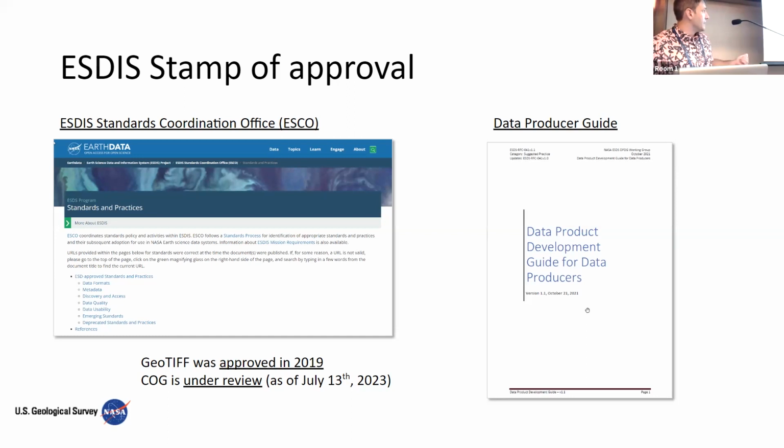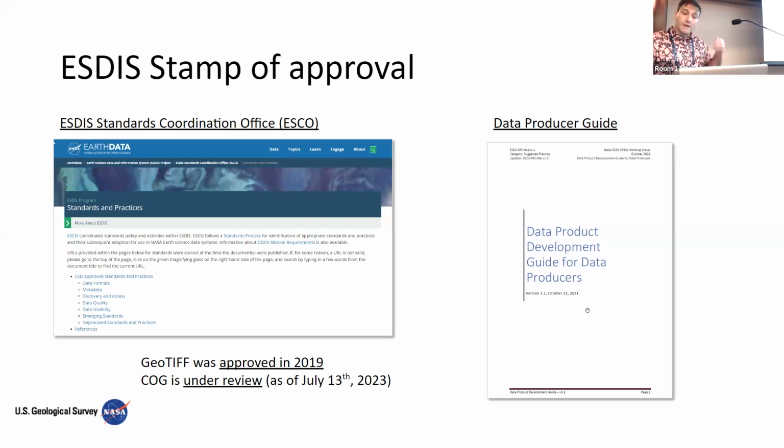And so back in 2019, GeoTIFF was approved kind of by default. We just assumed that COG fit that mold, but they are kind of reviewing, at least with the COG flag. And as of July 13th, it's under review.